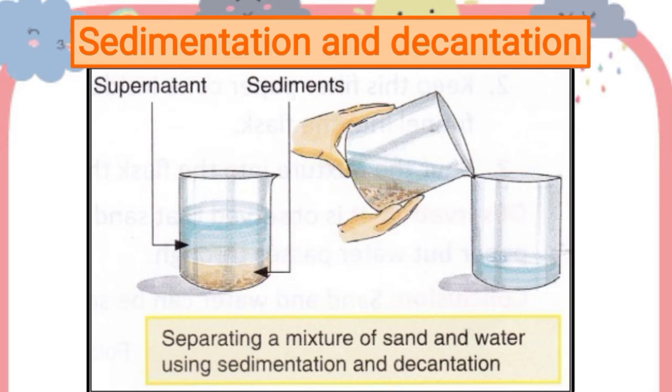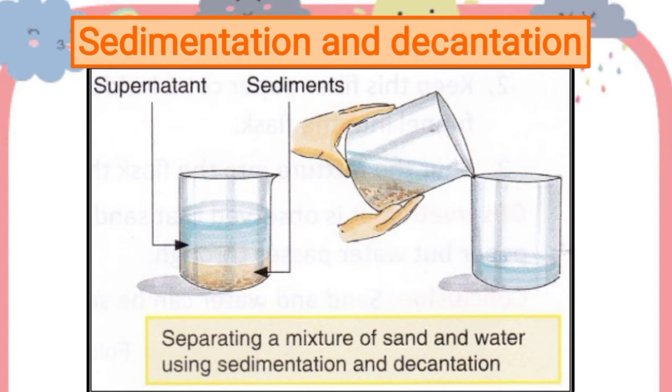Sedimentation and decantation is another method of purifying water. During sedimentation the liquid is left undisturbed for some time. Then the heavy insoluble solid settles down at the bottom, and this process in which insoluble substance settles down is called sedimentation.